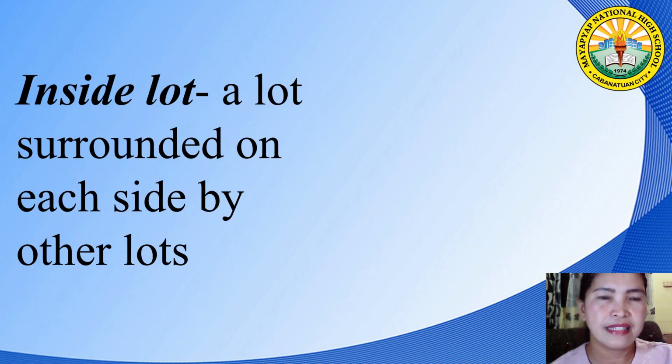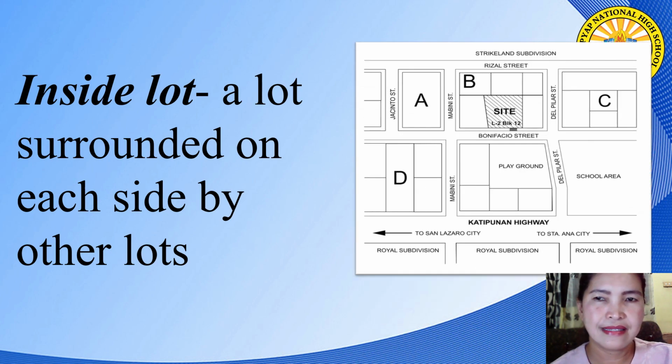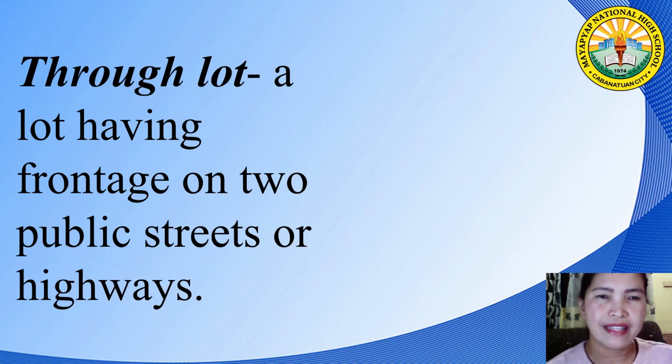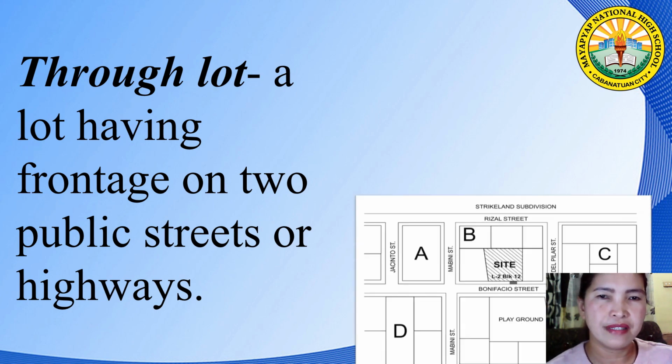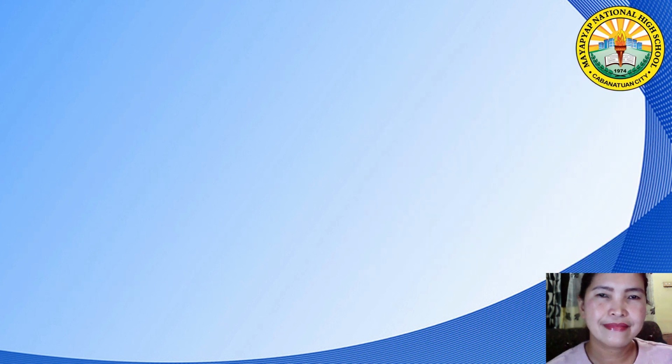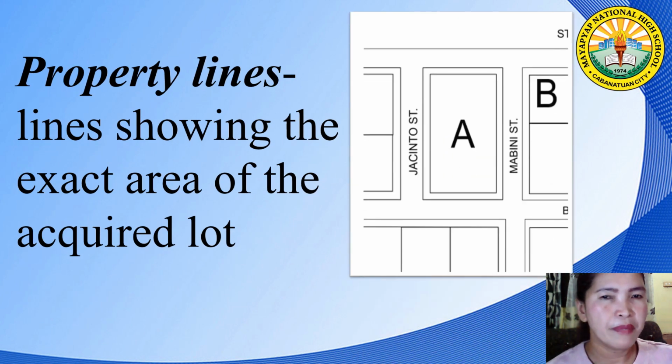Inside lot, it is a lot surrounded on each side by other lots. Through lot, a lot having frontage on two public streets or highways. Property lines, lines showing the exact area of the acquired lot.